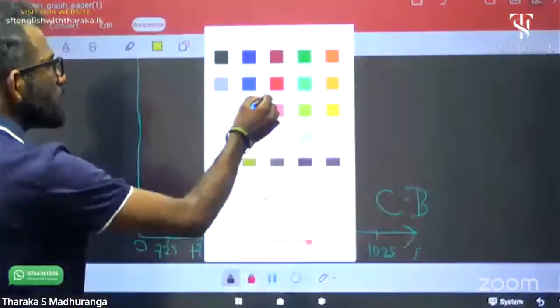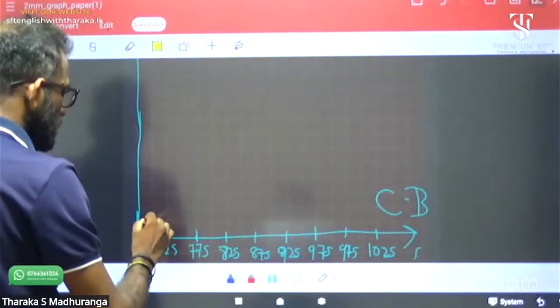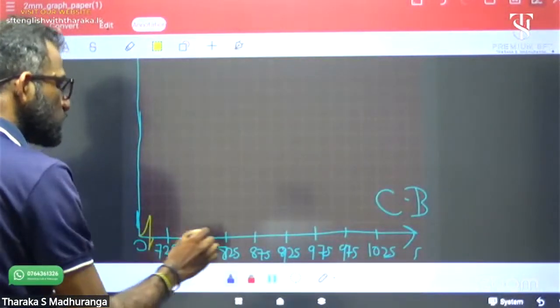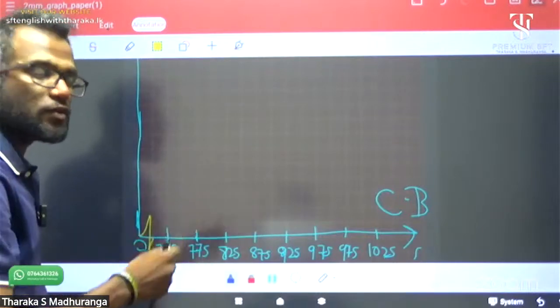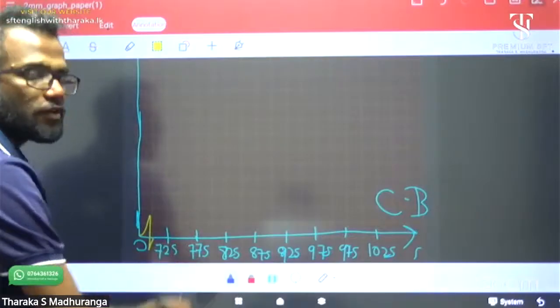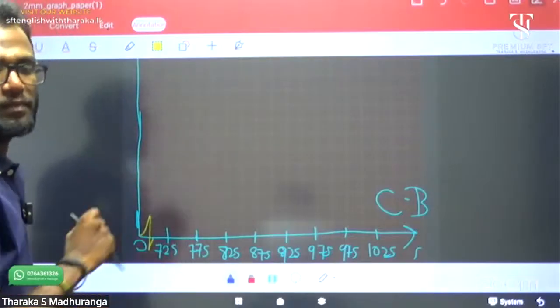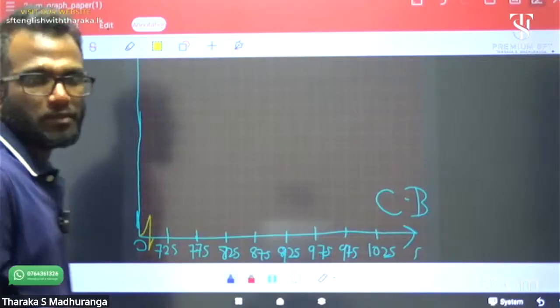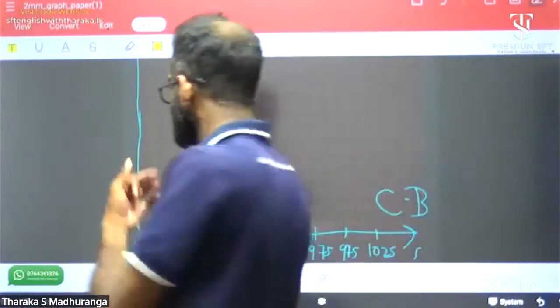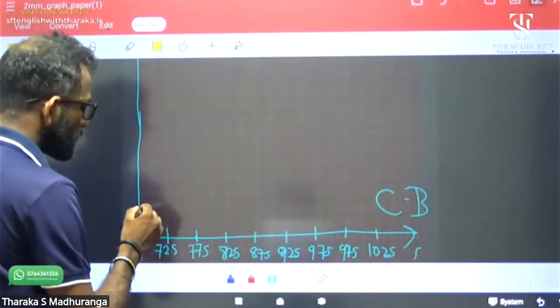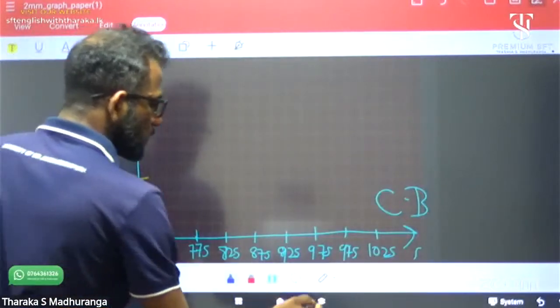And you have to remember to add this mark if the gap is not the same. From 0 to 725 the gap is 725, but from 725 to 775 the gap is only 50. That's why we put this mark, to show this gap difference.